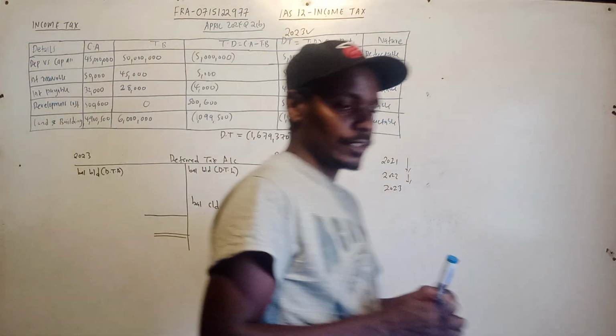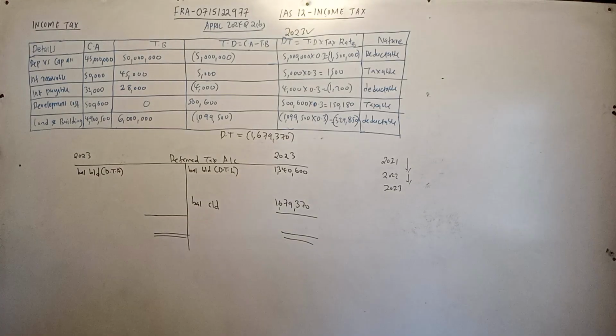So we shall have a balancing figure of that amount. Because it is a negative figure, the balancing figure will be on the credit side.